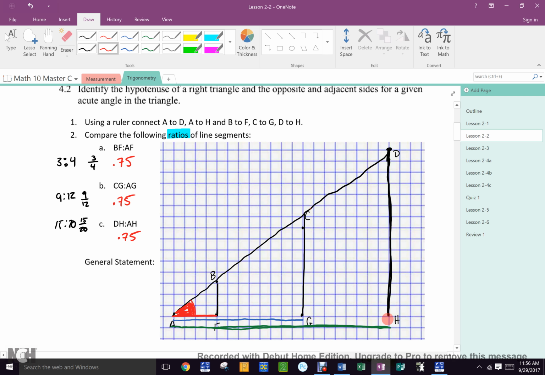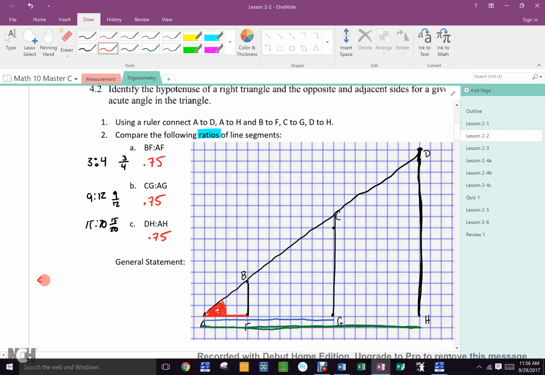Does everybody understand? So what are we saying here? We are saying that if we compare the legs of different triangles that start from the same angle, what happens?